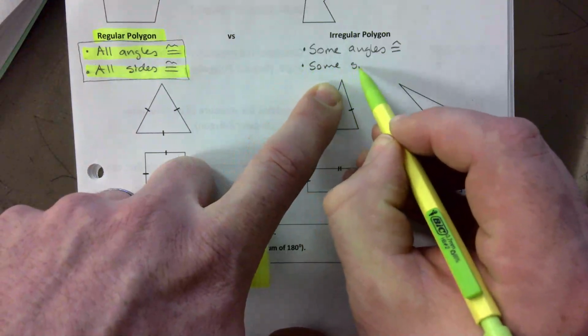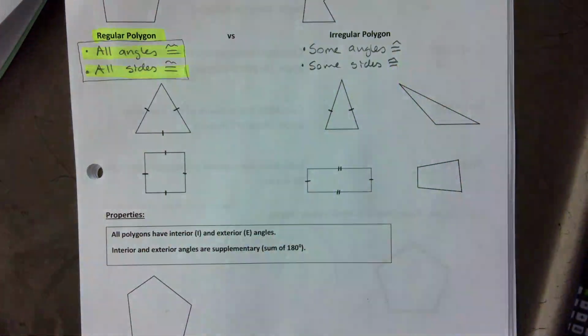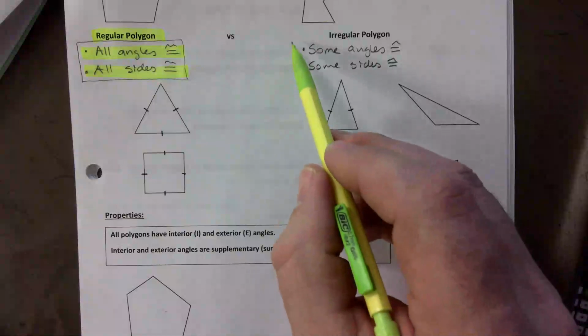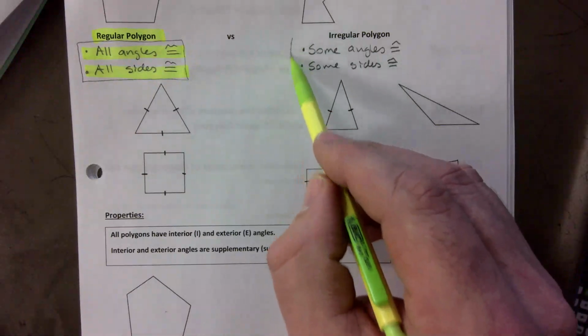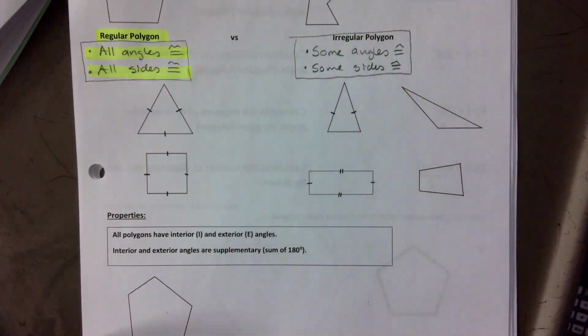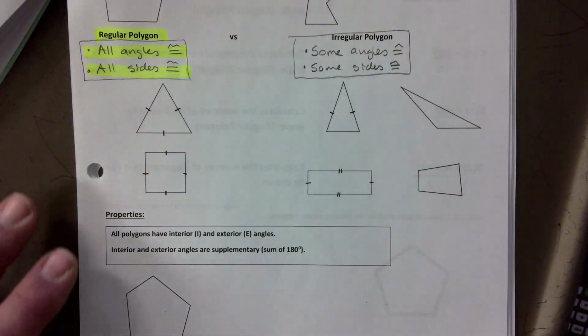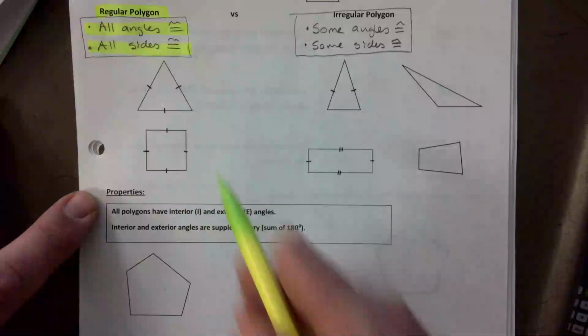Some sides are congruent. So if you can't say all, you're in the irregular camp. That is the best way to look at it. Okay? And by some, I mean it could also be none. Obviously, if none are equal, then you're immediately in the irregular camp. Okay? So watch this one.